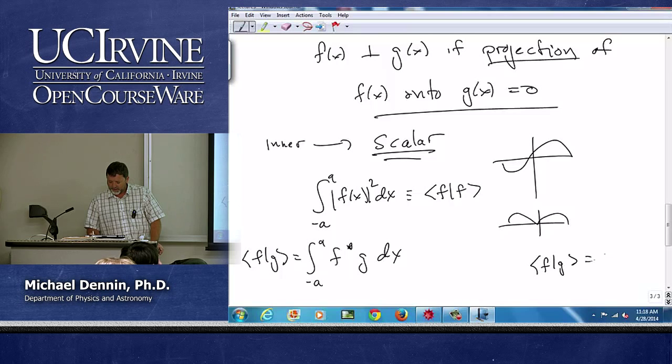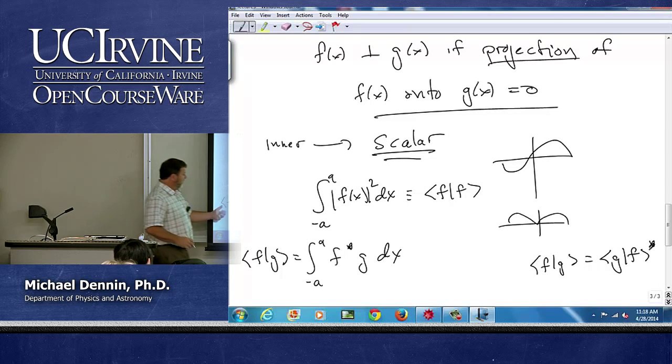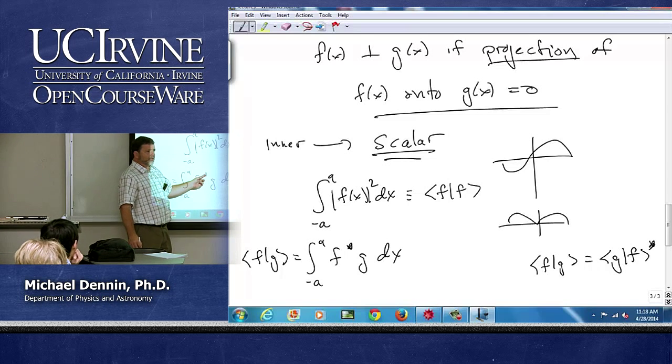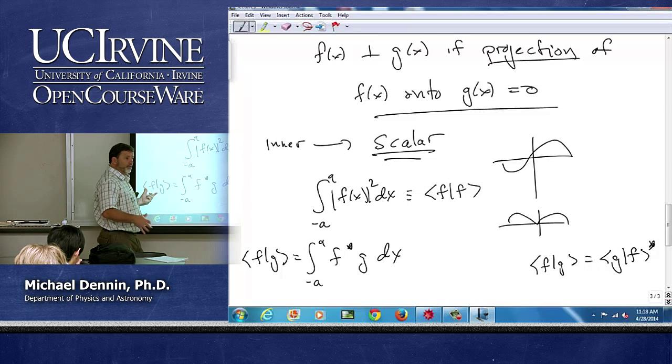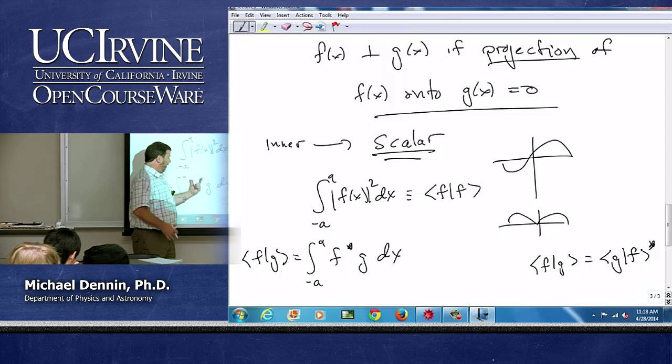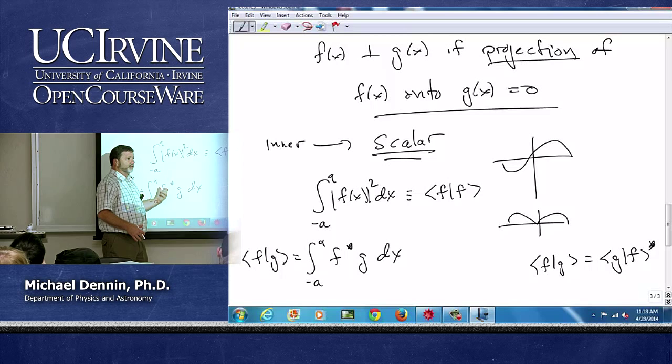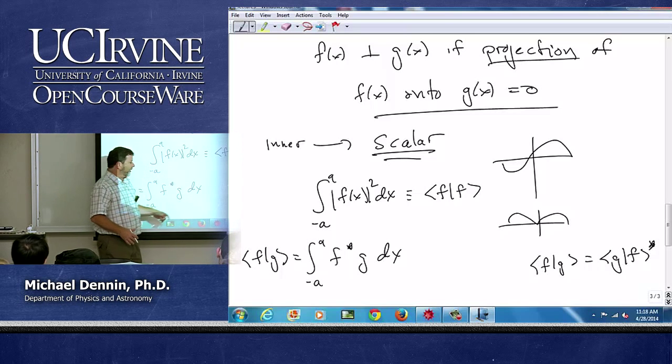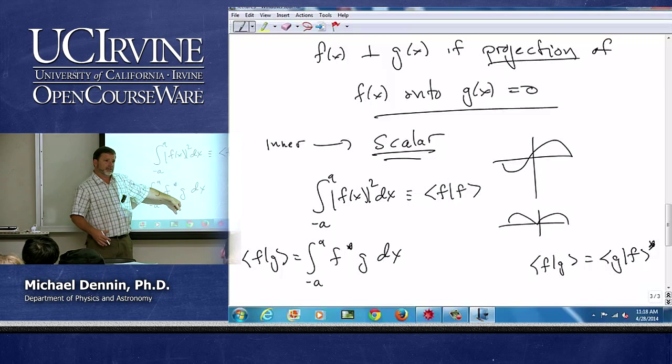If you recall, <f|g> has to equal <g|f> complex conjugate. So if I say the one on the left is complex conjugated, the bra, which we've done a lot, gets the complex conjugate. If I switch them, the integral of f star g is the complex conjugate of the integral of g star f. And you can prove that because it's a linear operation. So if I do this, do you think this will give me a sense of projection?